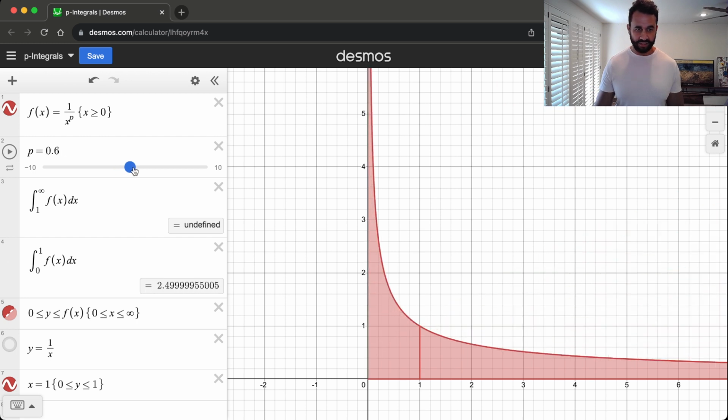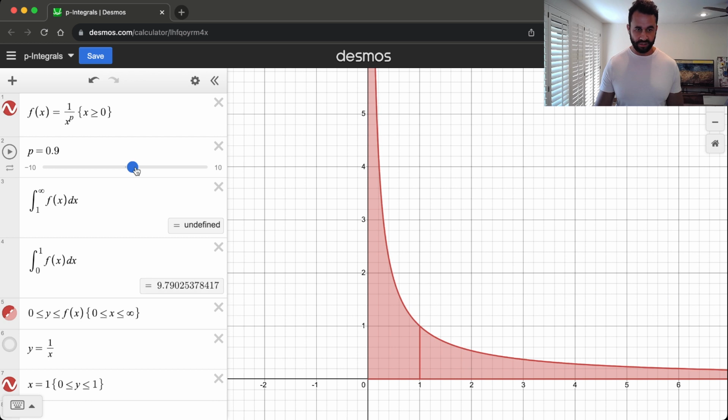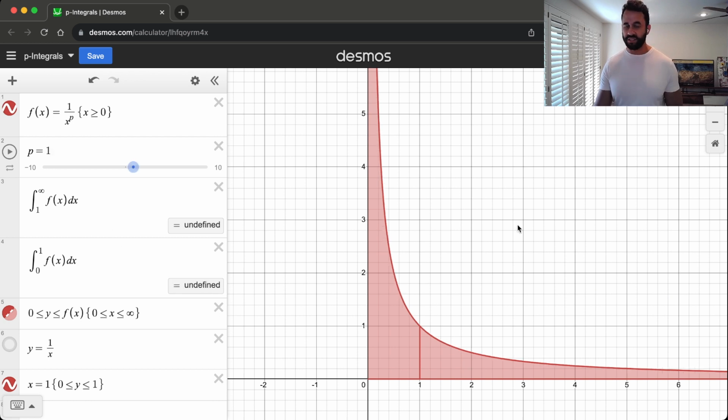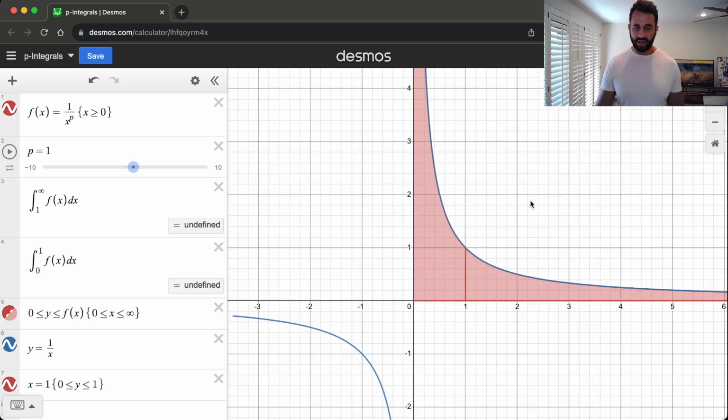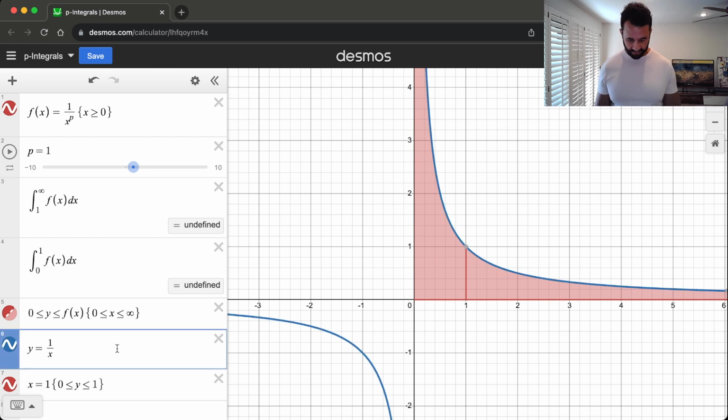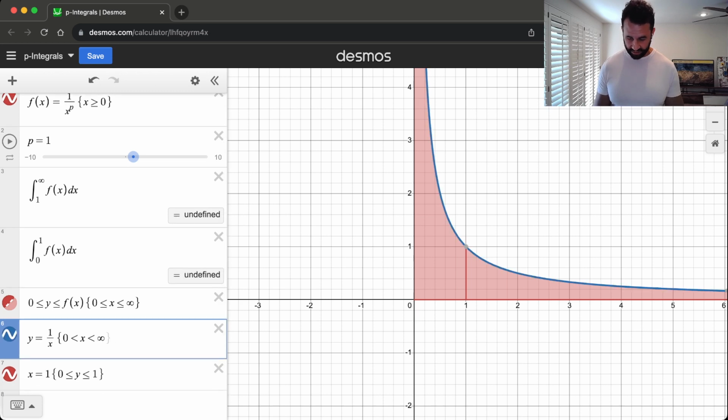Then let me do this for one last note. Again, you can play around with this. I'll save these changes, and I'll change the link in the slides so that you can do this kind of stuff. One thing I wanted to point out was the curve y equals 1 over x. In fact, I'm going to restrict this to be 0 less than x less than infinity.